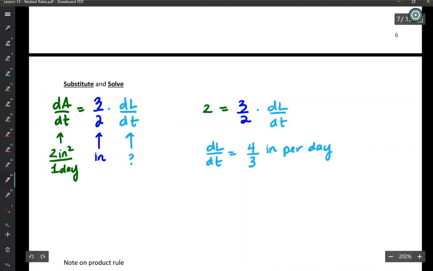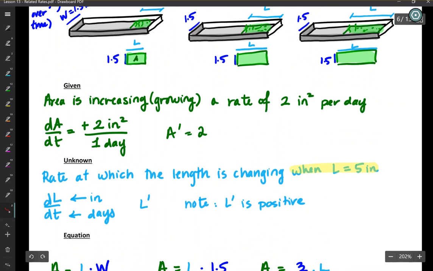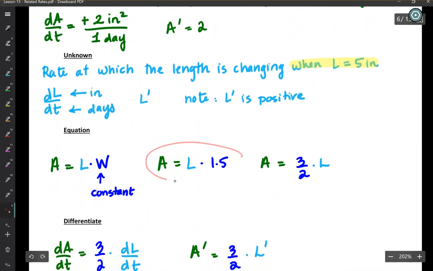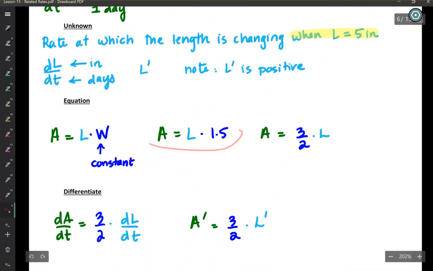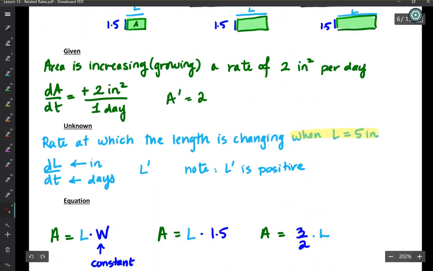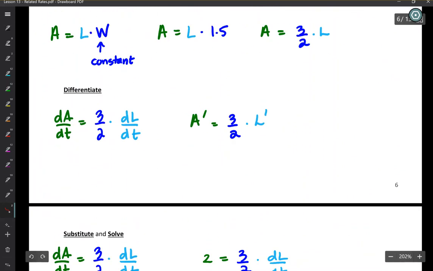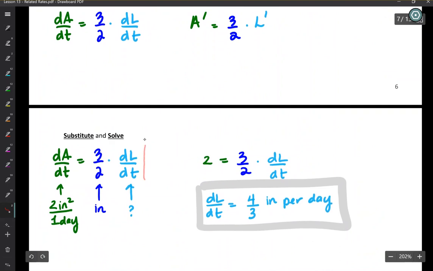Now, one thing that's interesting about this problem is that because the relationship between L and A ended up being linear, that rate of change was constant when we plugged that information in. And so we actually did not even need to plug in that 5 for the inches. This equation, said another way, doesn't have just an L term or factor in it at all.